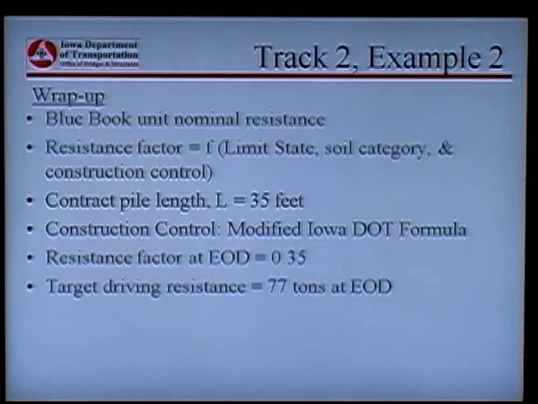The resistance factor is 0.35 for the construction control using the modified Iowa ENR formula on timber pile. And the target driving resistance is 77 tons at end of driving, as well as at retap. That's all we need to verify the pile performance at the site: 77 tons.